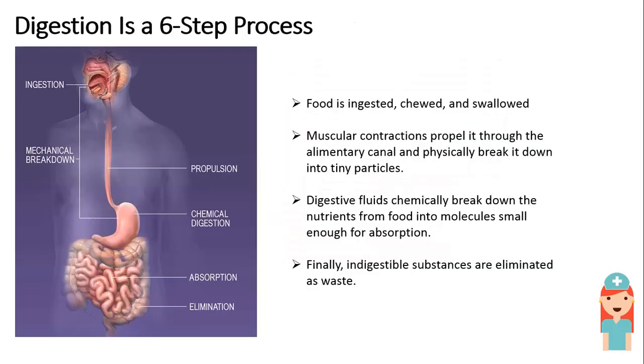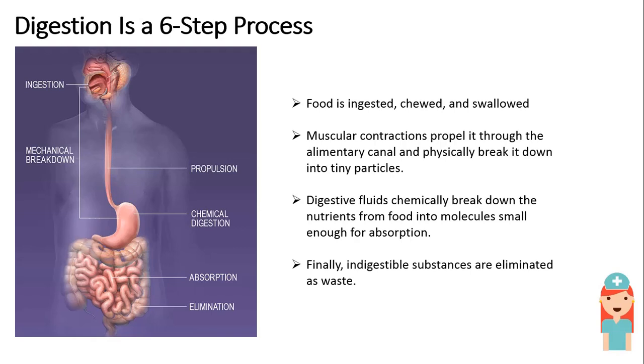Now, let's see the 6-step process in digestion. The first step is ingestion, second is propulsion, third is mechanical breakdown, fourth is chemical digestion, fifth is absorption, and the sixth one is elimination. Food is ingested, chewed, and swallowed. That is ingestion. Muscular contractions propel it through the alimentary canal and physically break it down into tiny particles. That is where propulsion and mechanical breakdown happen.